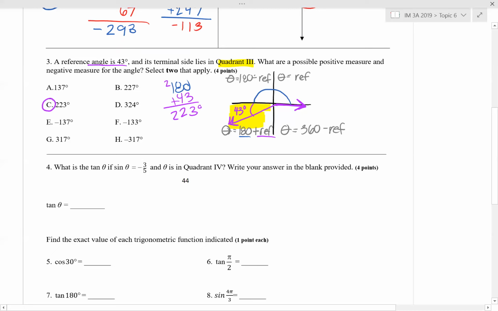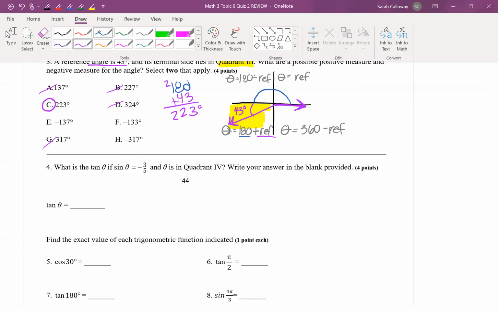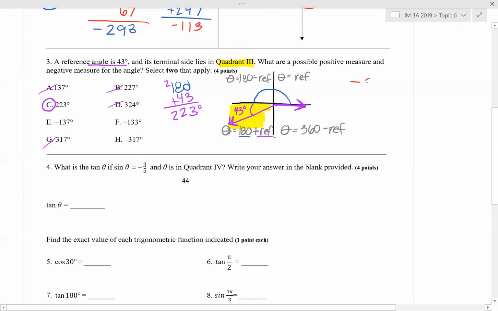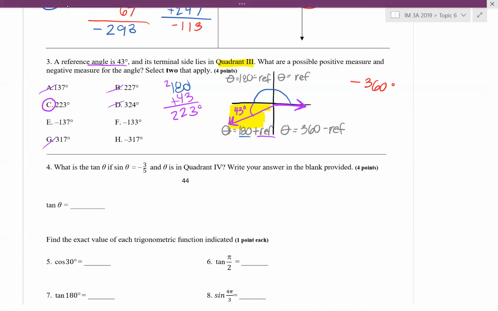If I think about positive angles, that will eliminate any angle that's positive and less than 360. I know that those cannot be coterminal because they're all still on the unit circle, and so they're not going to fall in the same spot. So what I have to figure out then is what the negative angle is. Remember, to find the negative coterminal, I'm going to subtract 360 degrees from 223.